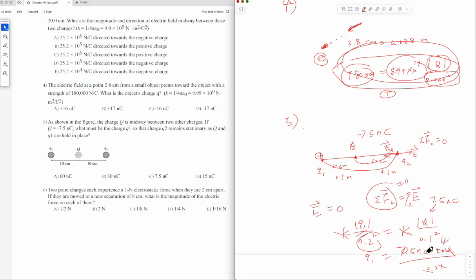You have 4 times 7.5, which is 30 nanocoulomb. That is Q1, and Q1 will be a positive charge.